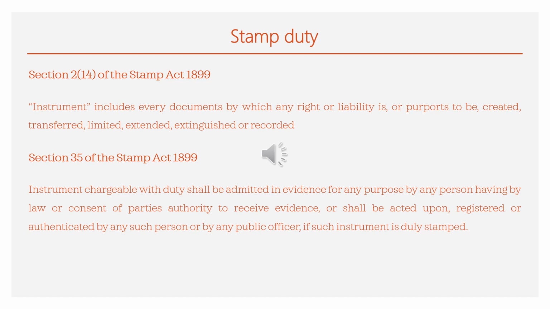Section 36 states how a document can be admitted in evidence or rejected. The provision of Section 36 is mandatory, which provides that once a document is admitted in evidence, it is not permissible for the court to reject it on the ground that it has not been duly stamped.